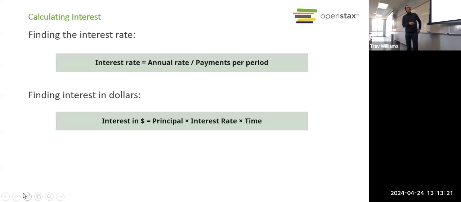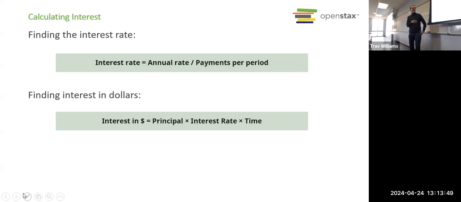Okay, we talked about how when you take the annual interest rate and you divide it by how many payments the bond holder is going to get per year, that tells you the interest rate of each payment. So if you have a 4% bond that's being paid out twice a year, then they'd be getting 2% of the face value 2 times a year, right?